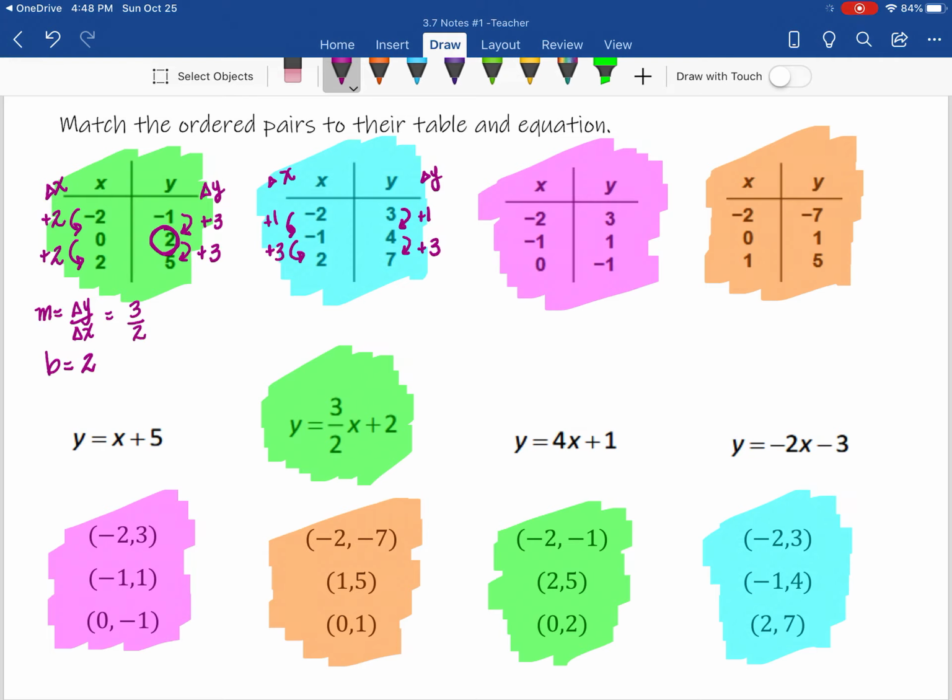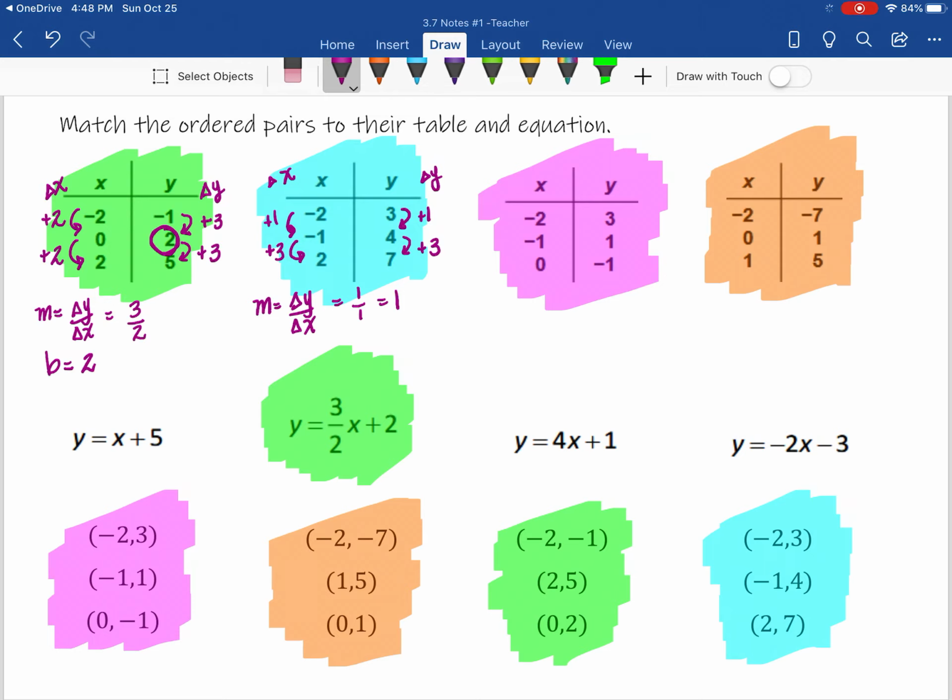Okay, so when we go to find our slope, we're going to choose which pair of numbers. Okay, so we could either choose +1/1, which equals 1, or we could choose 3/3, which also equals 1. Okay, now you'll notice that our x is not 0 in this table at all.